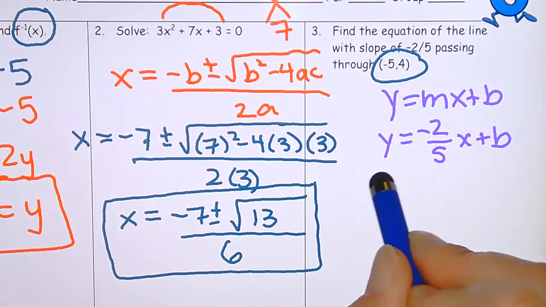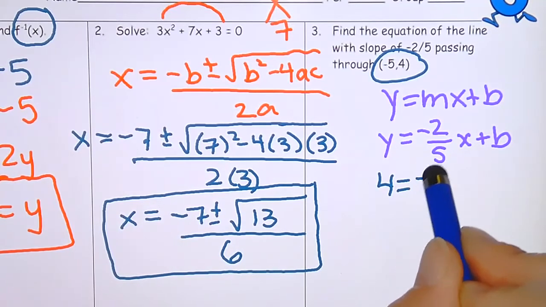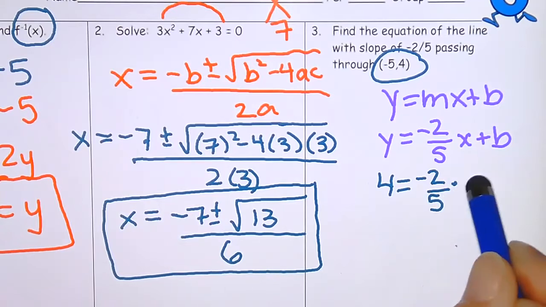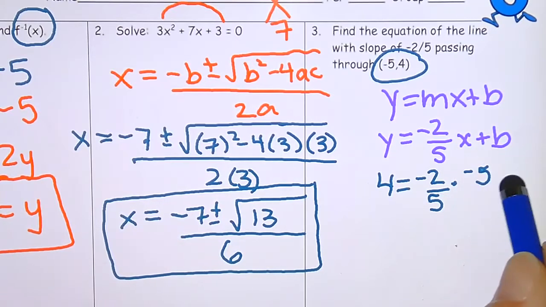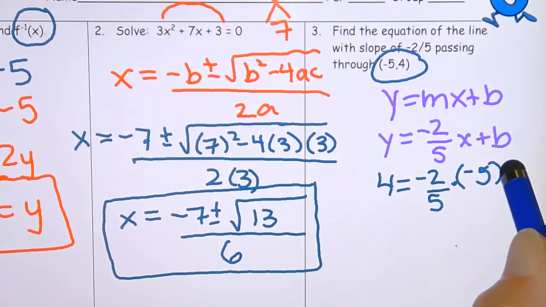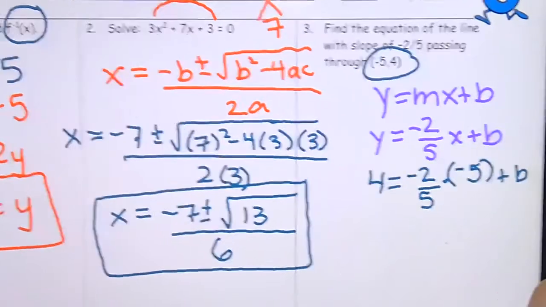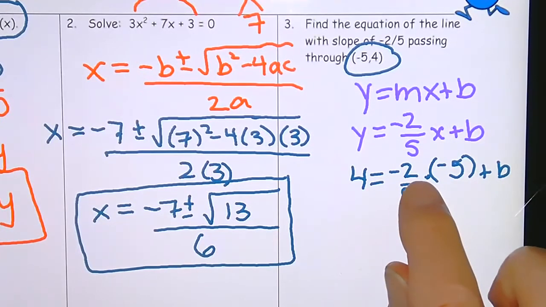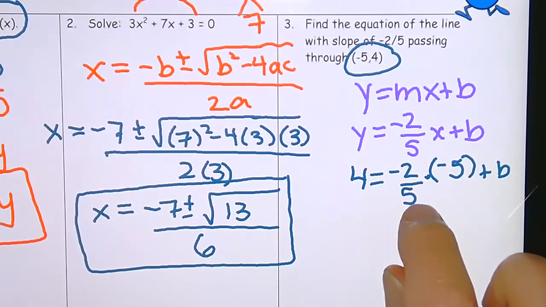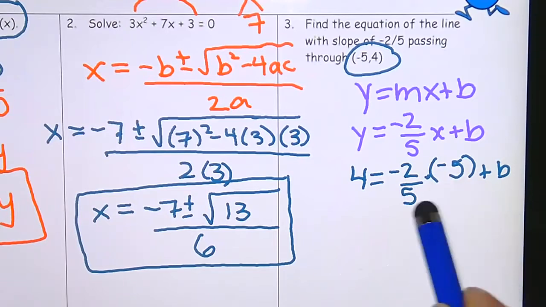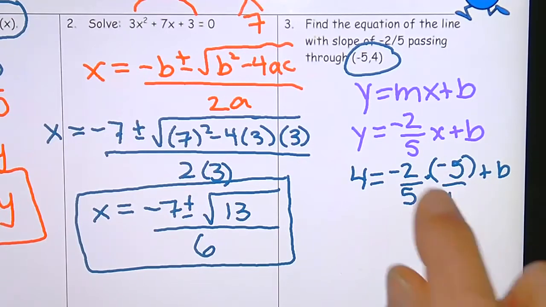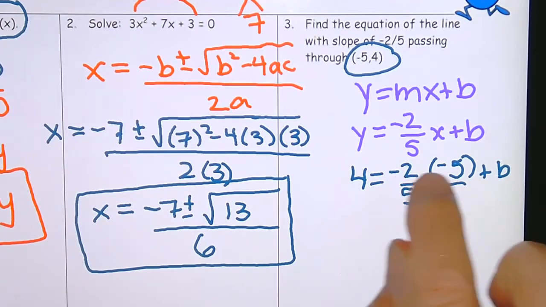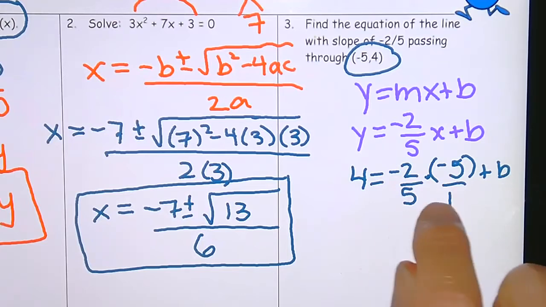So I'm going to have 4 is equal to negative 2/5 times negative 5 plus b. Now, when I'm doing this, this negative 2 over 5, when it's multiplying with this negative 5, which is really over 1, these are going to be multiplying on top and these are going to be multiplying on bottom.